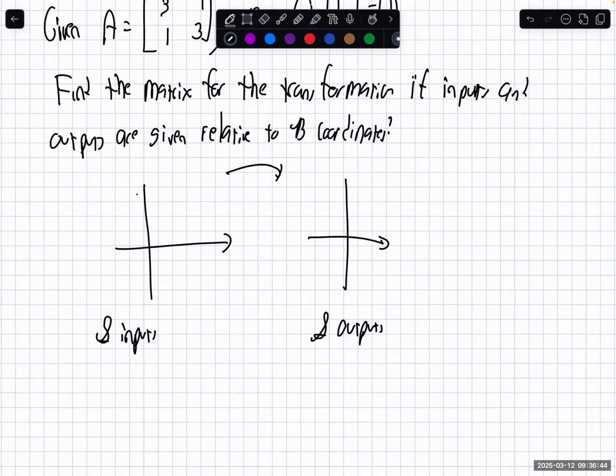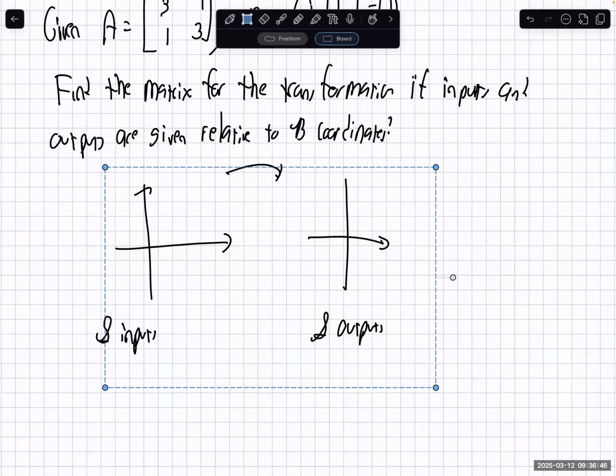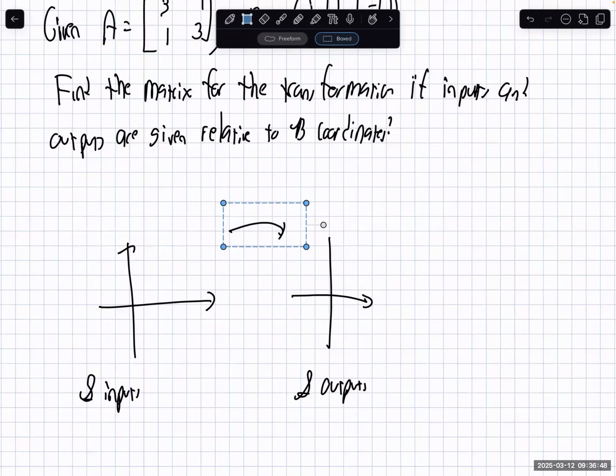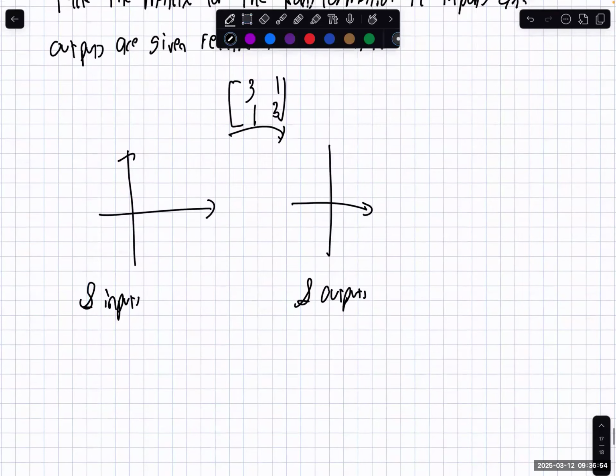We imagine that we're mapping S inputs to S outputs. And there's the matrix that does it.